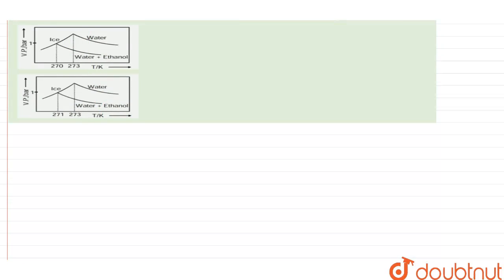So in the numerical part, we know that delta TF, this is depression in freezing point. Depression in freezing point, which we have studied.